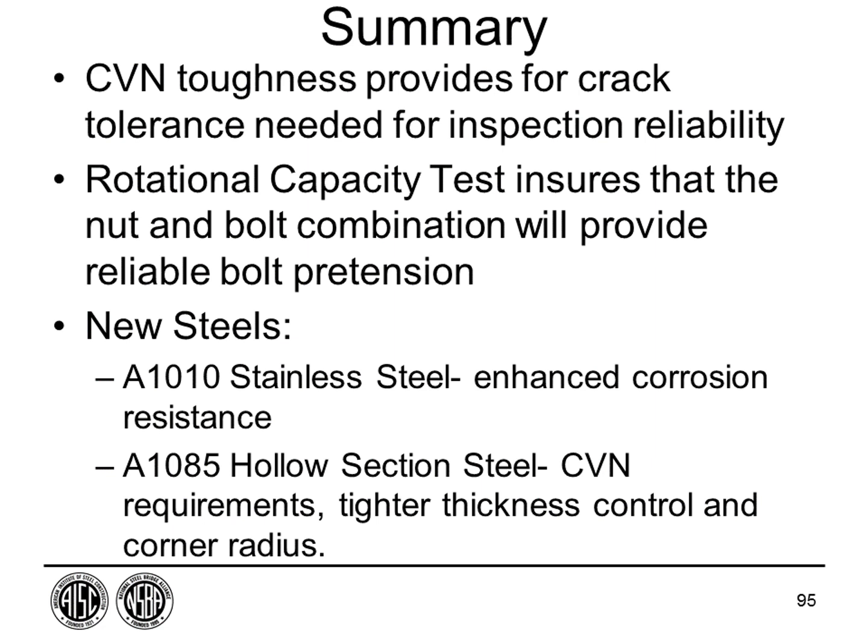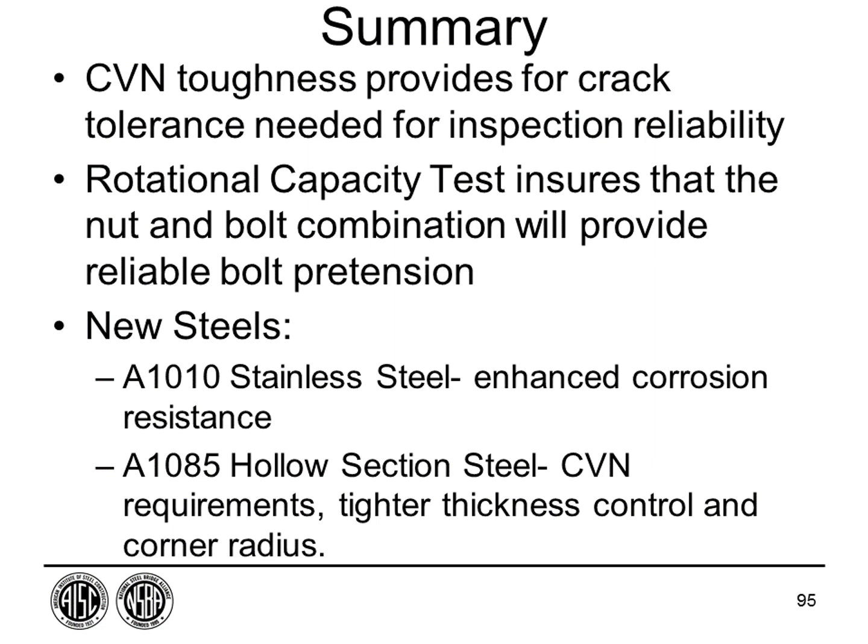We have these new steels, the A1010, with enhanced corrosion resistance. Because of its high cost and being limited to 2 inches, it really has applications in shorter span bridges in very hostile environments.